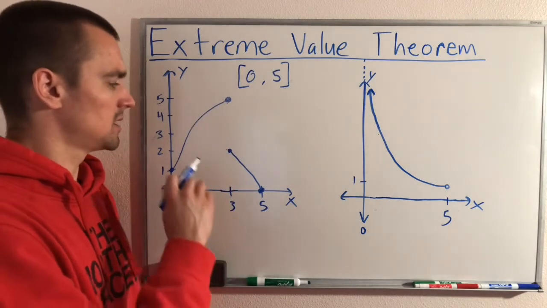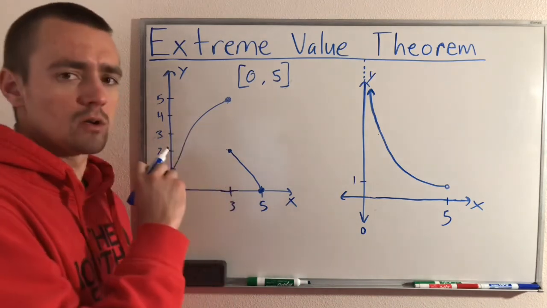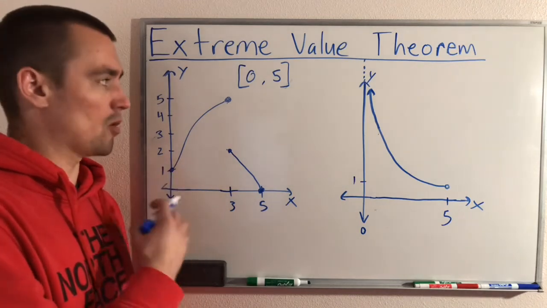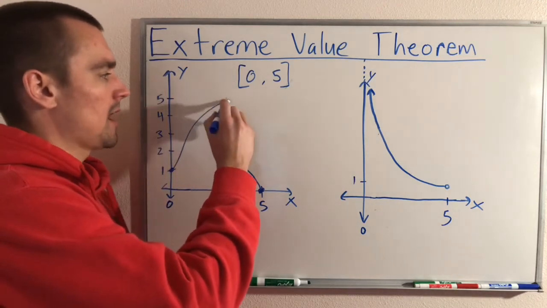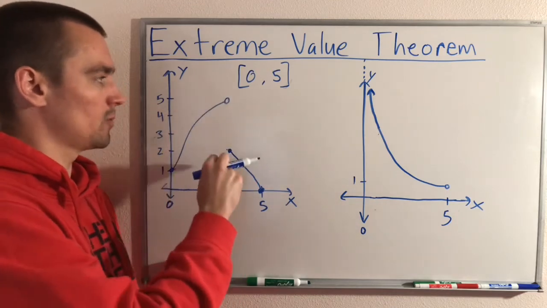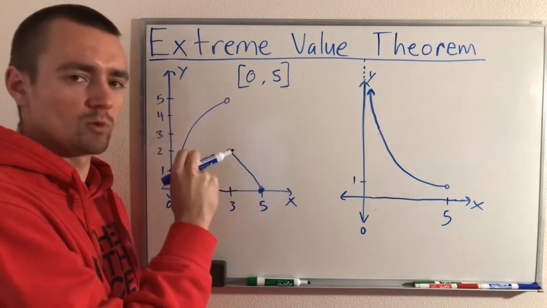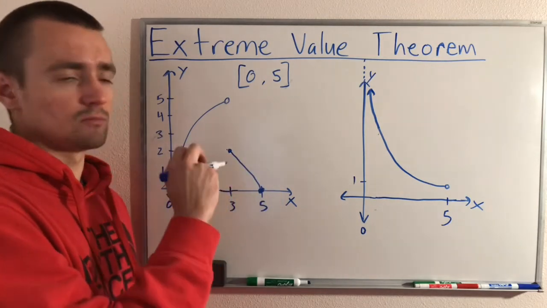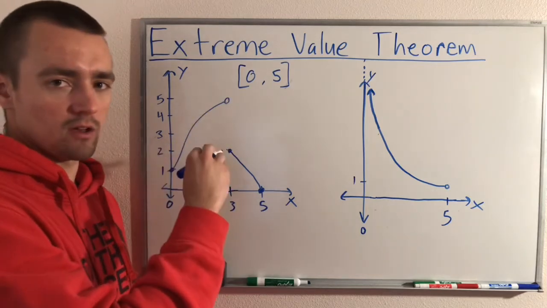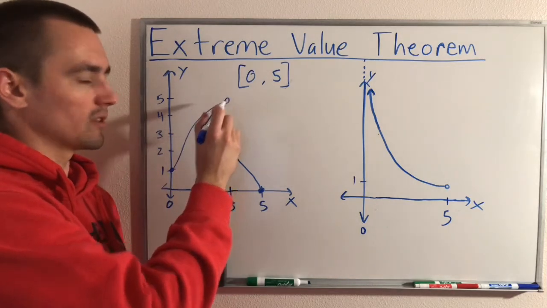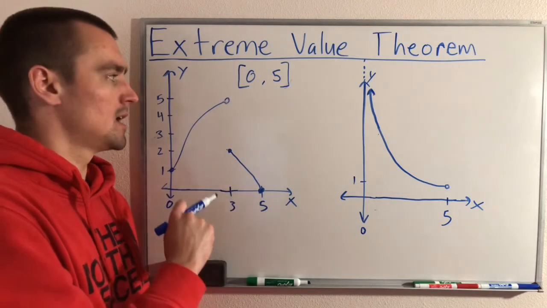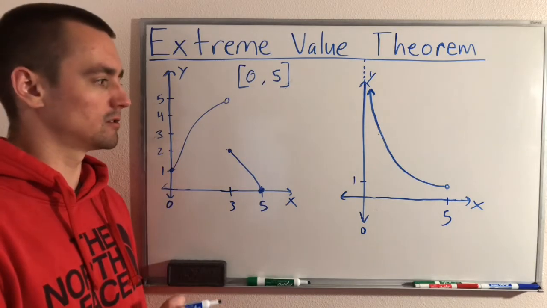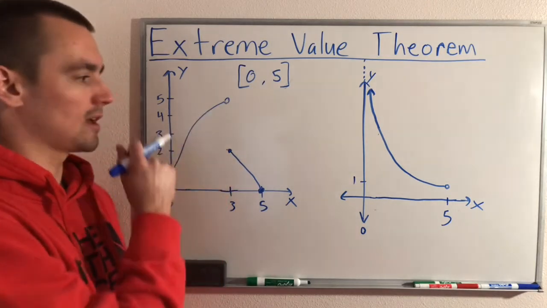And as a result, there is no highest value that lies on our function that is higher than all the other outputs, because having this be an open hole basically means that we can keep getting infinitely close to this point and we'll never actually reach that point. So there's always going to be some y value that we could get a little bit closer to where this ends without actually quite reaching it. And as a result, there's not one single output that's going to be higher than all the others. We could always get a little bit higher and a little bit closer to that open hole.